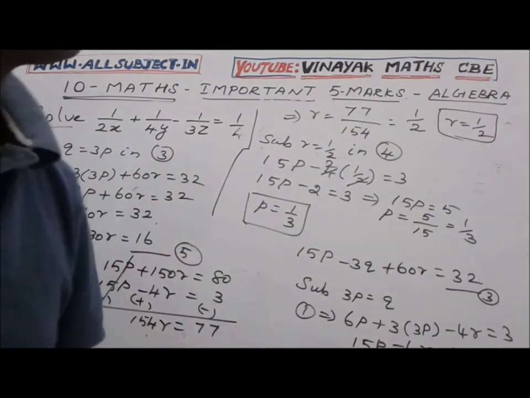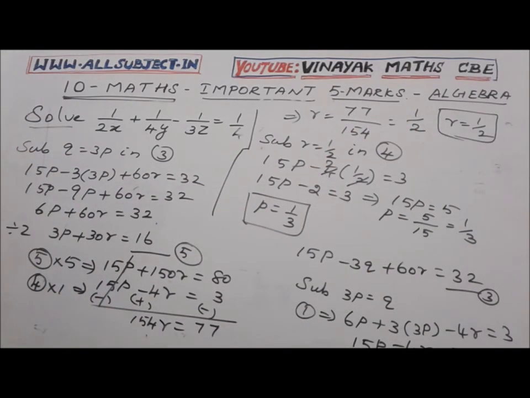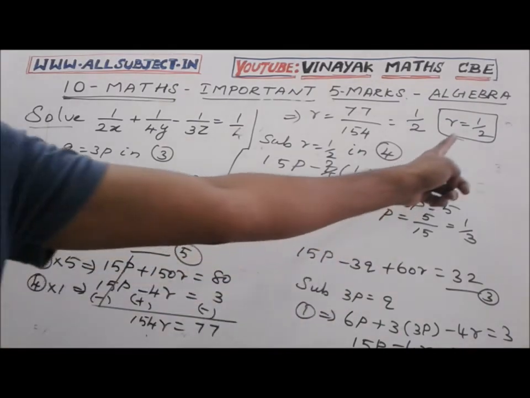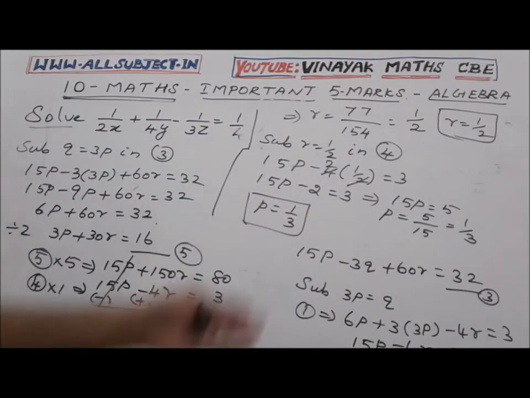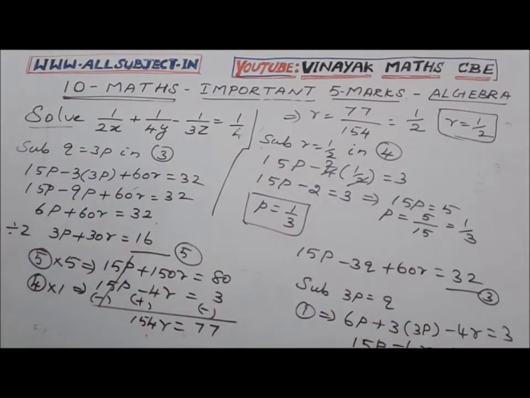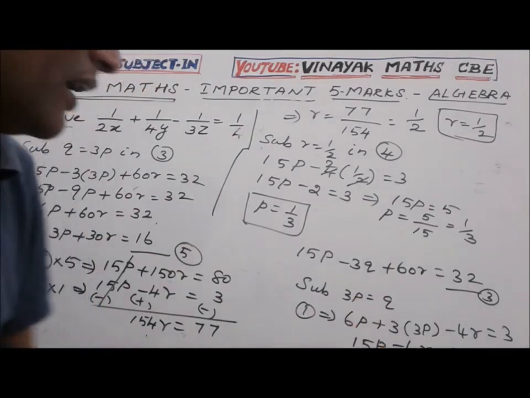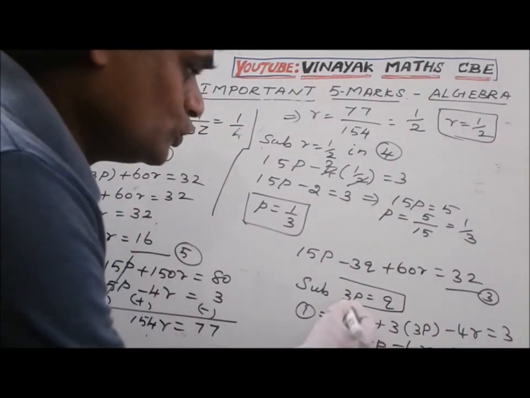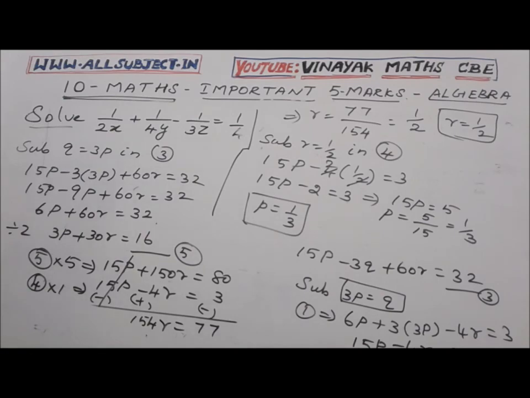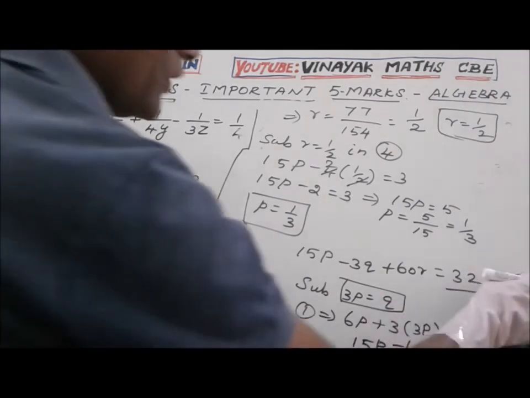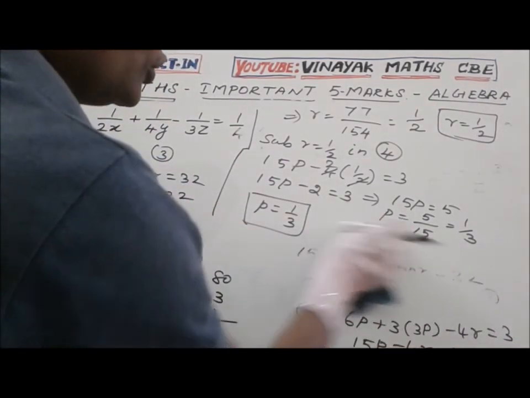Now R equal to 1 by 2 and P equal to 1 by 3. Now substituting this R and P in any one of the equations, we need the value of Q only. Substituting in equation number 2, 3P equal to Q, we will get the value of Q immediately.